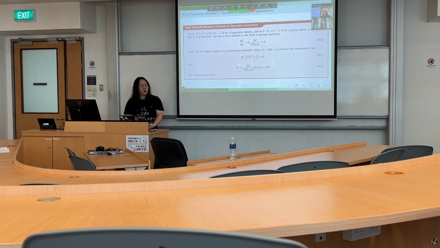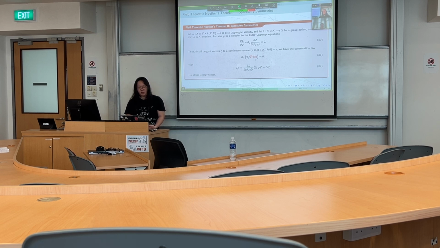It looks a lot more complicated than the previous examples, but to use this, we need to compute this thing here. The notation here uses Einstein's summation convention, so it is written in coordinate form.